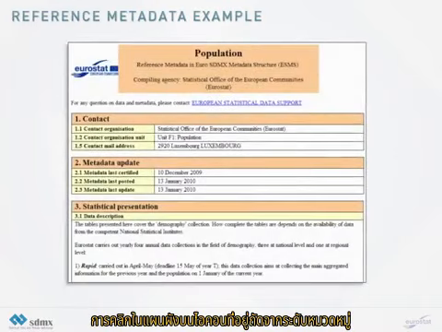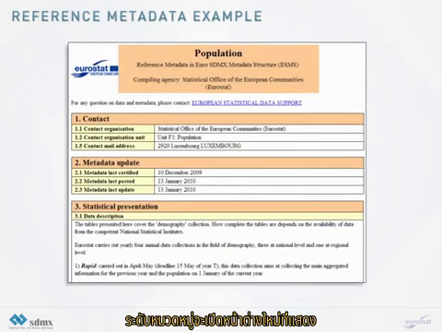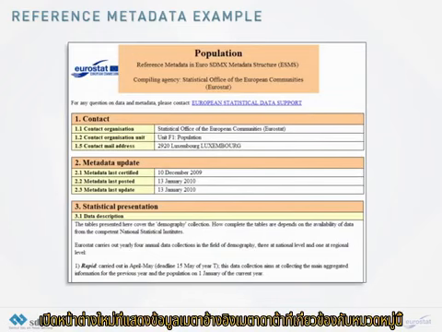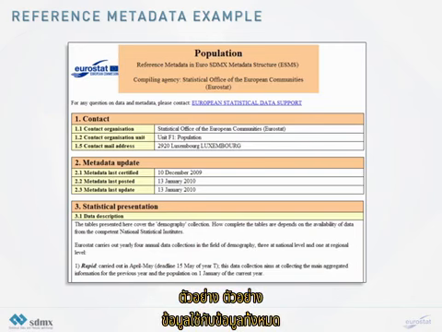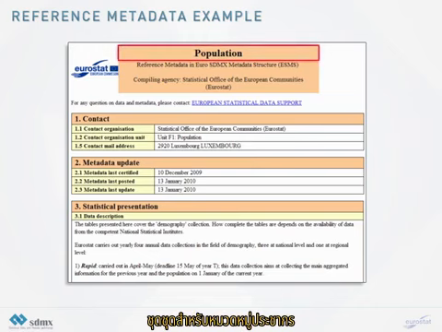Clicking in the tree on an icon next to a category level opens a new window displaying the reference metadata pertaining to the category. In this example, the information applies to all the datasets for the population category.